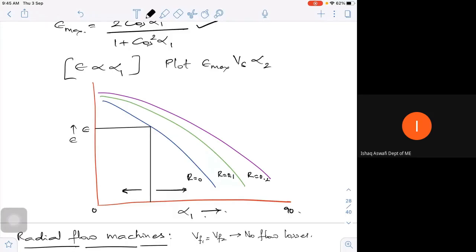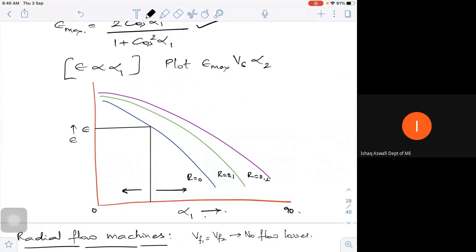Because at a lower alpha value or lower flow inlet angle, I will see the utilization of the energy at a higher point. I'll be getting an epsilon towards max, and if I try to have more alpha, that is a higher flow angle, with a given R, I'll still be getting a lower utilization factor.